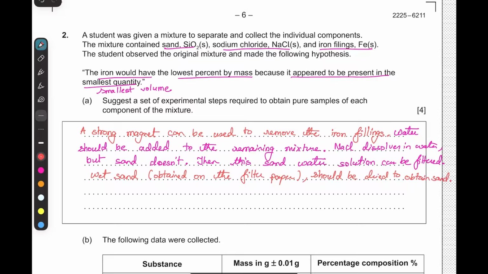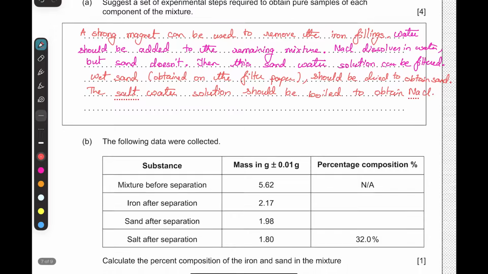Now, the salt water solution should be boiled to obtain NaCl. Done. So these are the steps we can use to separate these three substances.